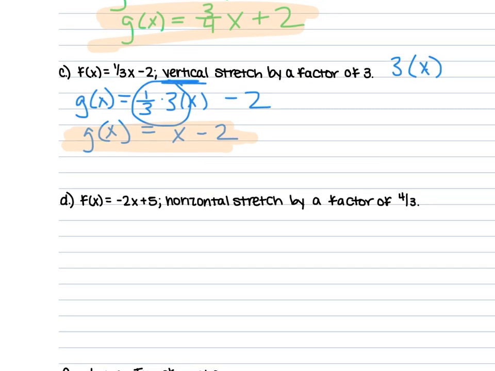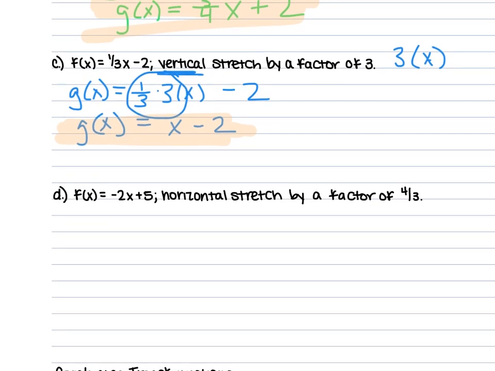All right, and then now for D, we have f of x is equal to negative 2x plus 5 and a horizontal stretch by a factor of 4/3. So here it's horizontal. So what are we multiplying by our x? 3/4. 3/4. Awesome.